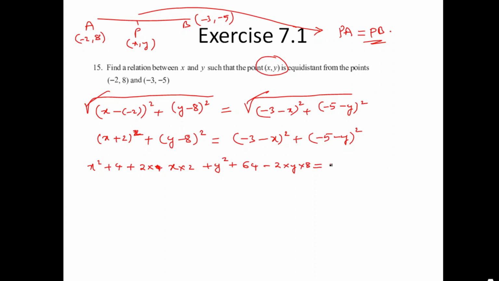Equivalent to a square plus b square minus plus 3 times x. I'm writing this directly as there is no space to write it. So here we have 25 plus y square, plus ten times y.